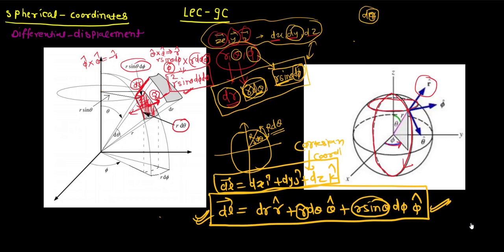So if you consider this as a cuboid or rectangular prism, then the volume of this small volume element would be length multiplied with width multiplied with height.